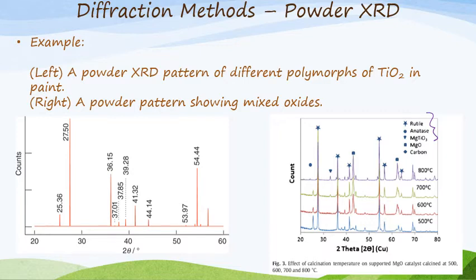This powder pattern was collected at different temperatures. You can see there's varying temperatures on the side here. And the key tells you which part of the material in the mixed oxides corresponds to the different materials. Now, the way that this is obtained is by comparing against standards. That's how one can identify components in samples and mixed oxides.